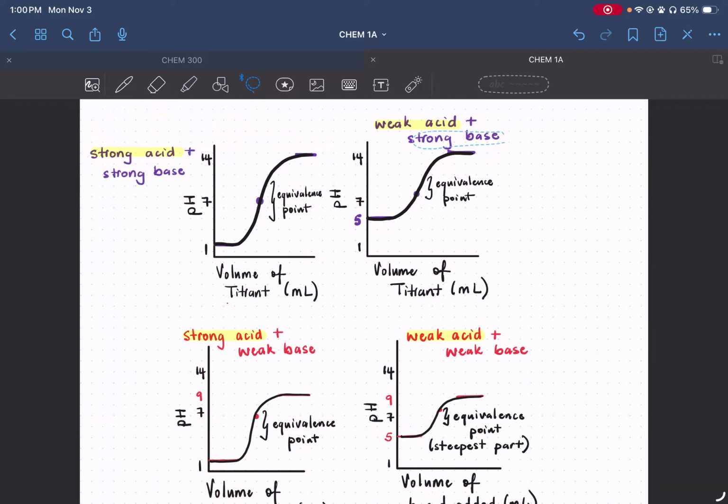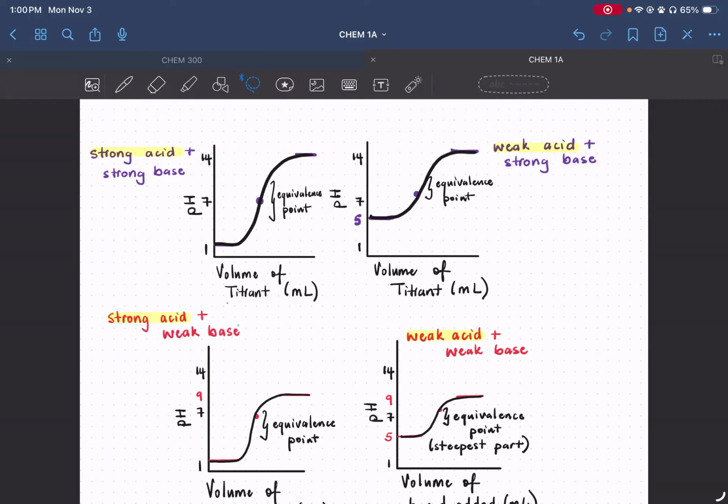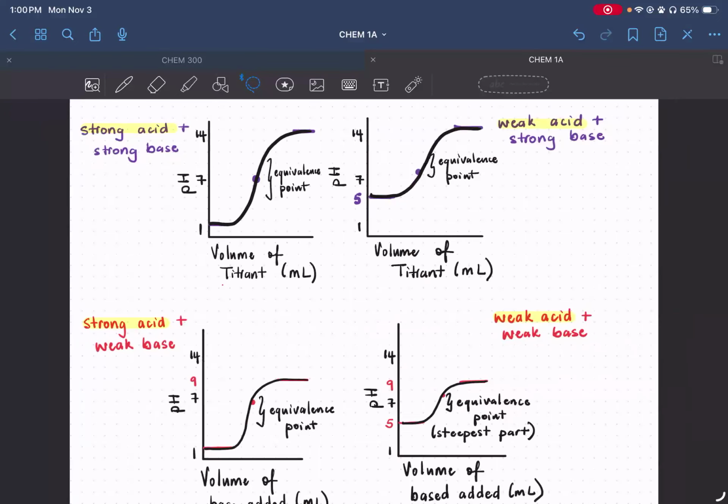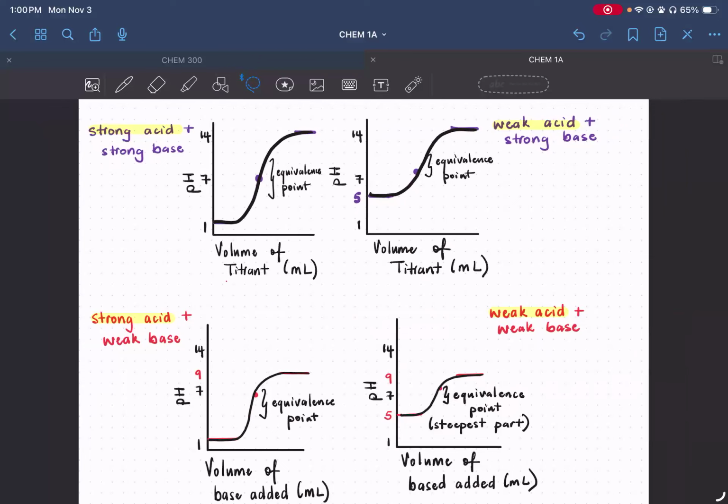Strong acid, strong base. Weak acid, weak base. There we go. Now it's of course the same figures we've been dealing with, but they're just a little bit spread apart.